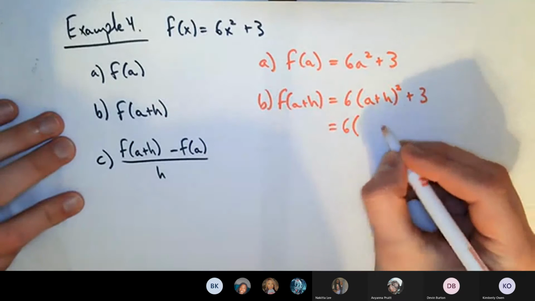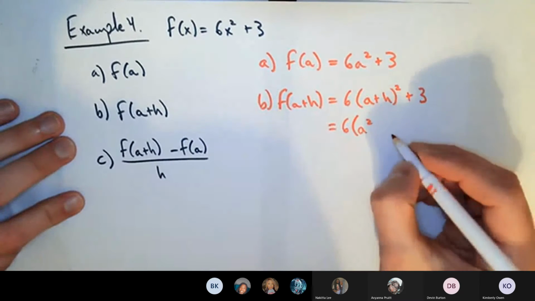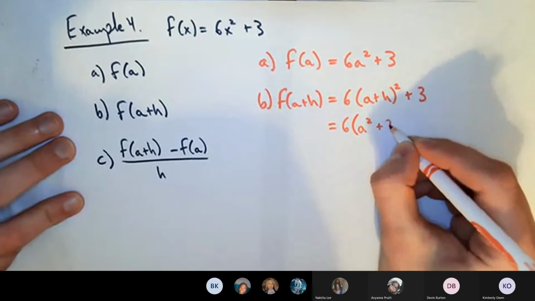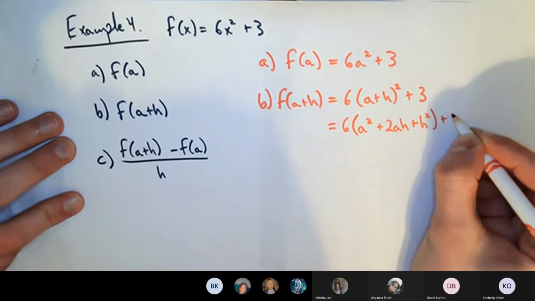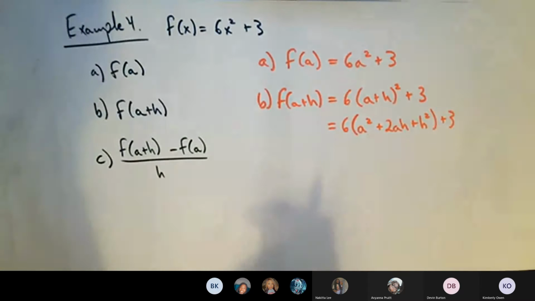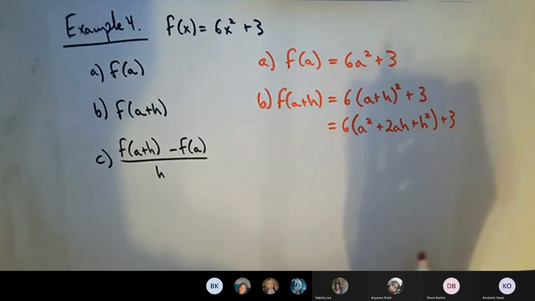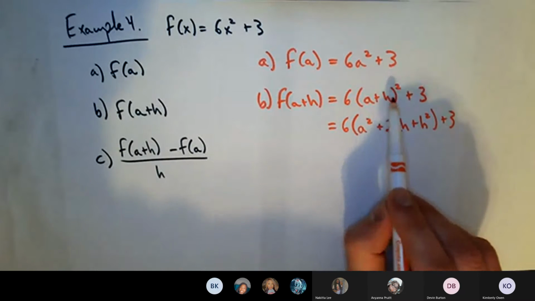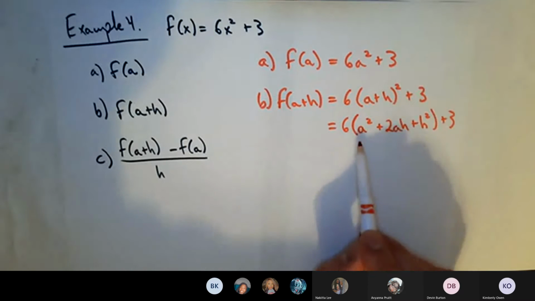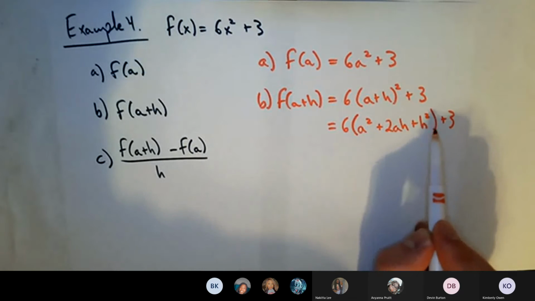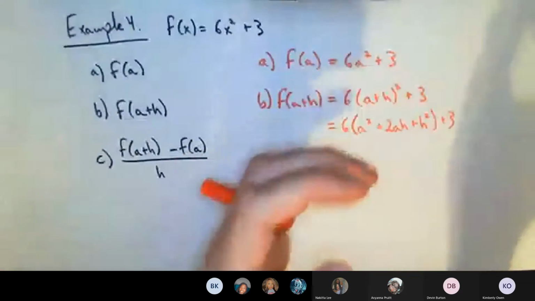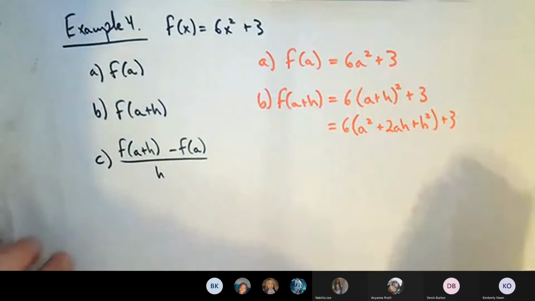So the steps in between here I will leave to you, but you will end up with a squared plus 2ah plus h squared, and then plus 3. So it's your job to later go back through your notes and figure out how I got from a plus h all squared to this thing, a squared plus 2ah plus h squared. As long as you expand them out, you'll see where that came from.